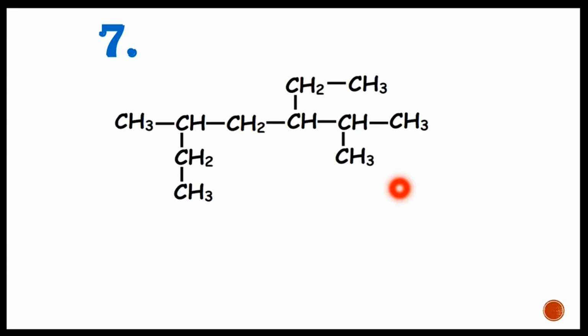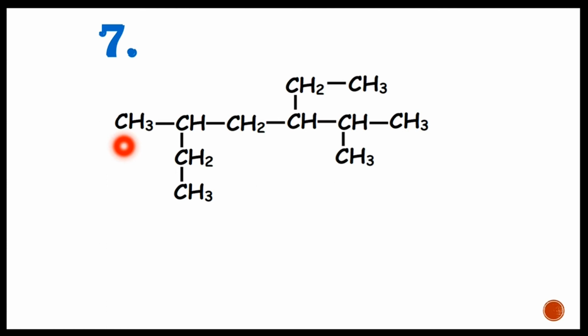There you have it. So you have to name it. Okay, so looking out for the longest chain, the longest chain is going to be 1, 2, 3, 4, 5, 6, 7. So when you choose this, our substituents are going to be here, this one and that one.